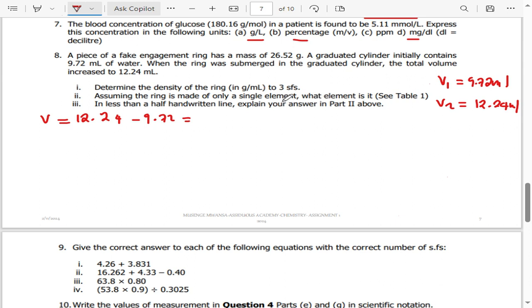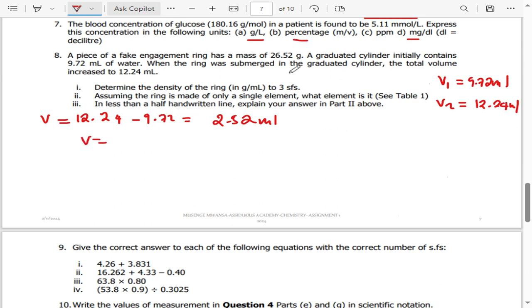That is going to give us 2.52 milliliters. Now, we want to find the volume. Sorry, not volume.